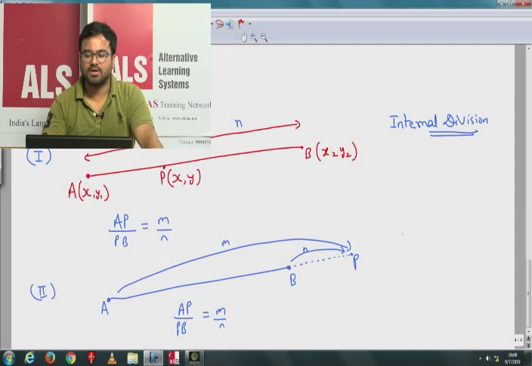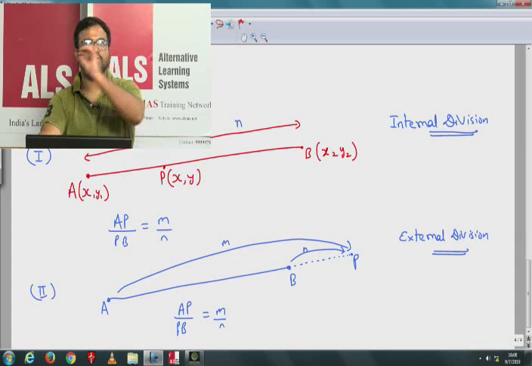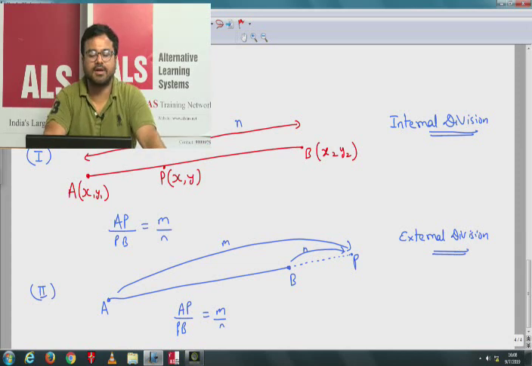So this type of division is called external division. Here point P is lying outside the line segment and then it is dividing. In the first case, point P was lying inside A and B and that was called internal division, and this is called external division.